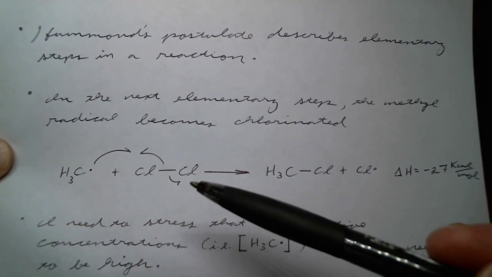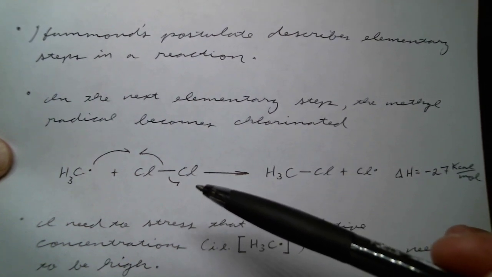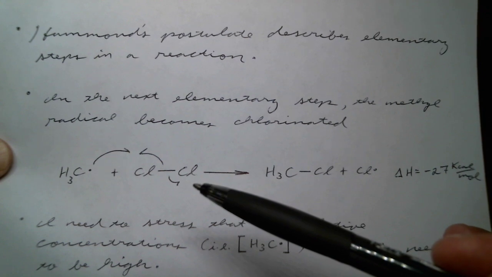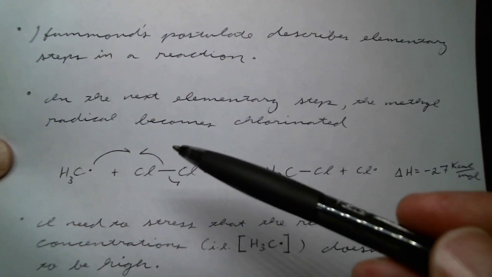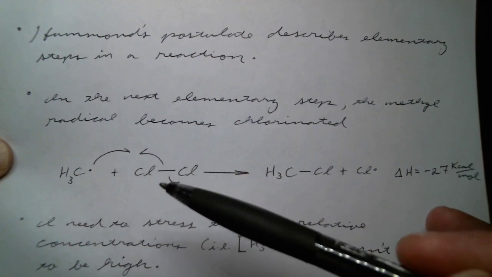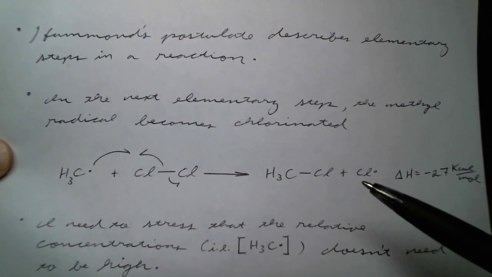Well, remember, for initiation, only a small concentration of diatomic chlorine was homolyzed to create chlorine radicals. There's much more diatomic chlorine gas in our reaction system than there are chlorine radicals floating around.